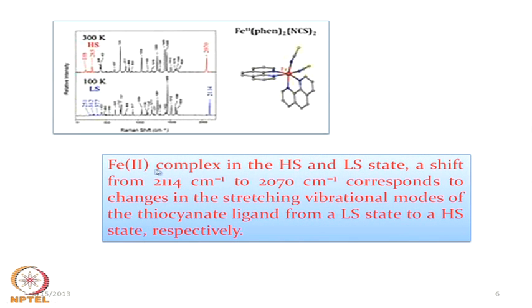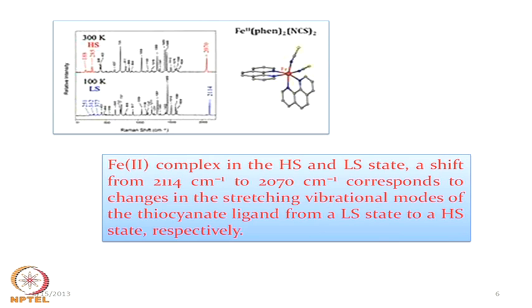So, whatever iron 2 complex we have, it can have a high spin and a low spin state, and there is a shift from 2114 centimeter inverse to 2070 centimeter inverse. The upper one, the red one, corresponds to the changes in the stretching vibrational modes of the thiocyanate ligand from a low spin state to a high spin state respectively.